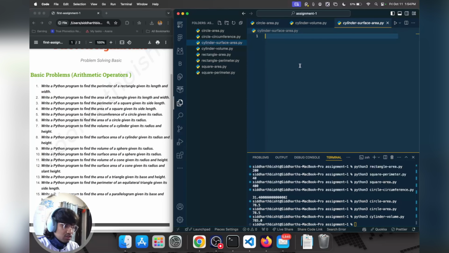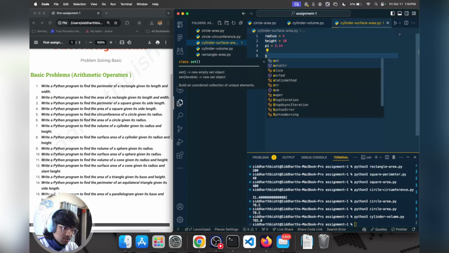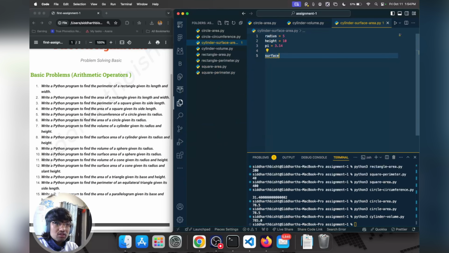Now, surface area of a cylinder. First of all, let's have all of these things: radius, height and pi. Now let's declare the variable as surface area. Surface area equals, let me see the formula, surface area 2 pi r square h.